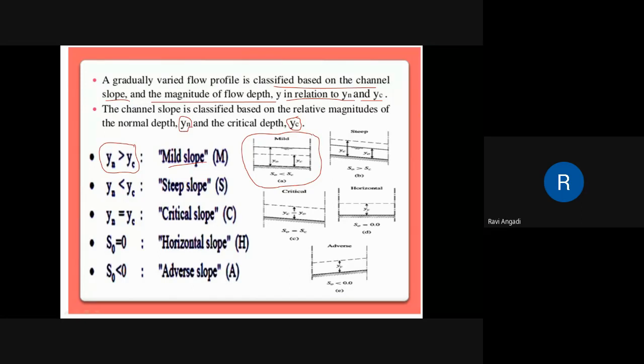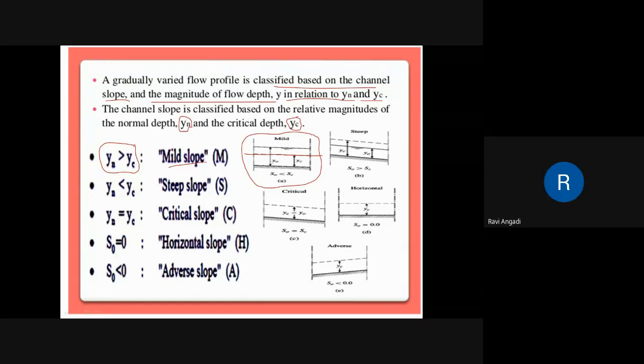Yes, sir. This red line that I'm highlighting here is the critical depth. But the actual depth is how much? Y naught, is it greater than YC or less than YC? Greater than YC.